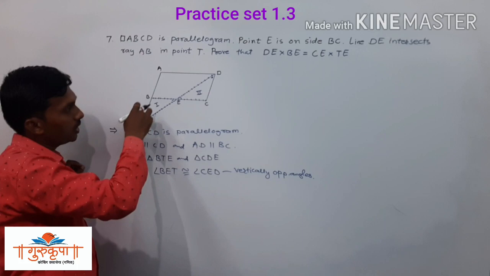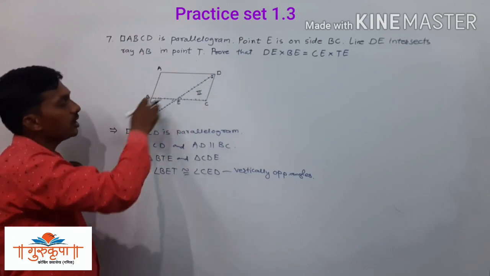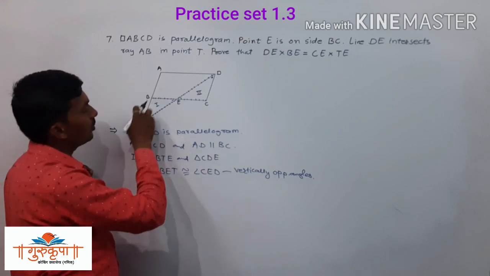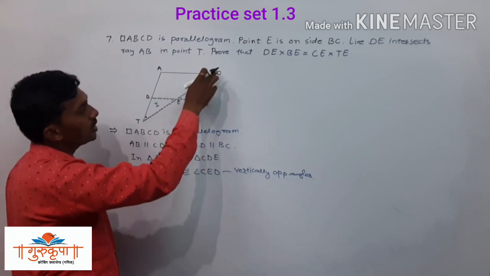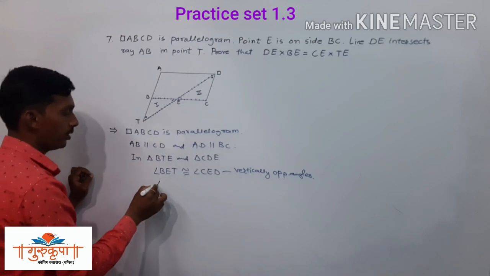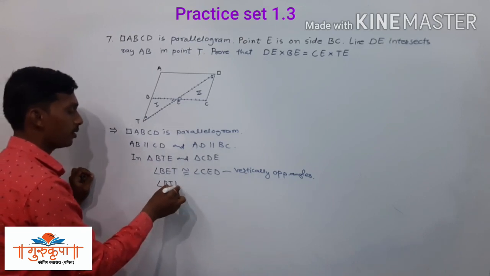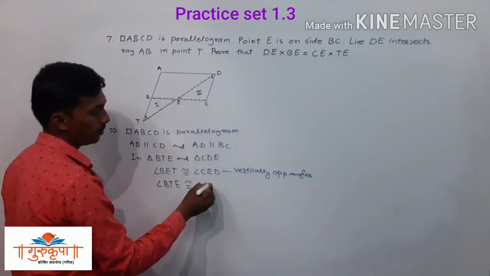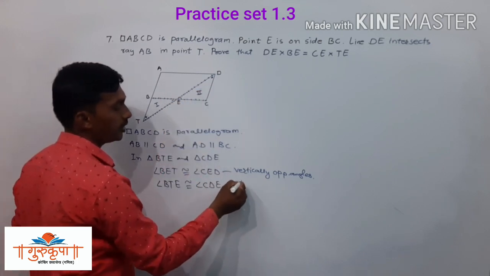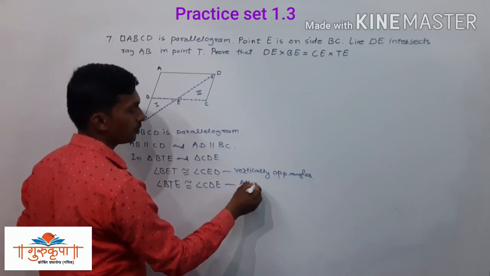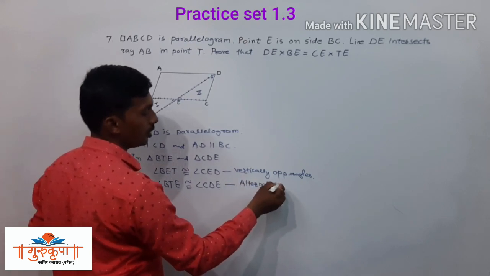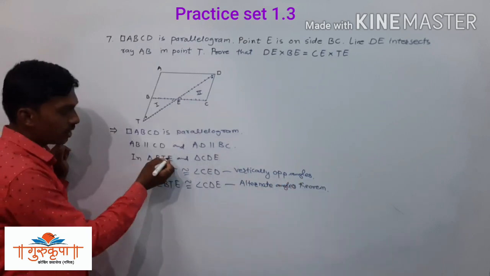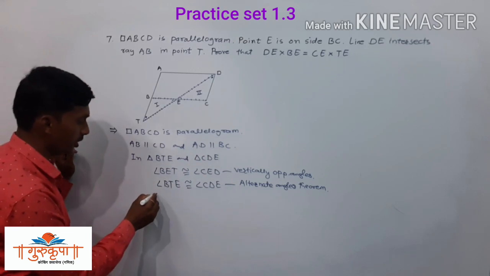This AB, that is AT, is parallel to CD and TD is their transversal, so we can write angle BTE congruent angle CDE, and the reason behind it is alternate angles theorem.